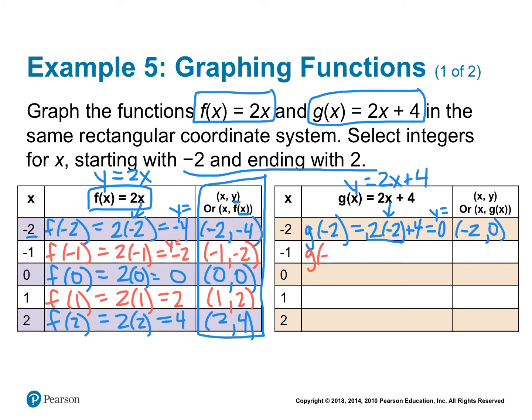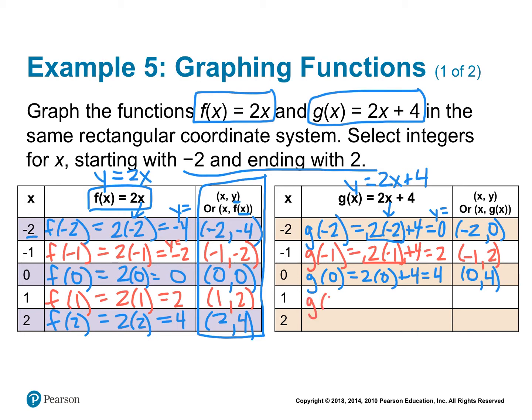G of -1, I'm going to replace my x with a -1 and then add 4. So 2 times -1 is -2, plus 4 is +2. So -1, 2 is my next coordinate. G of 0: 2 times 0 is 0, plus 4 is 4. So 0, 4 is my ordered pair.